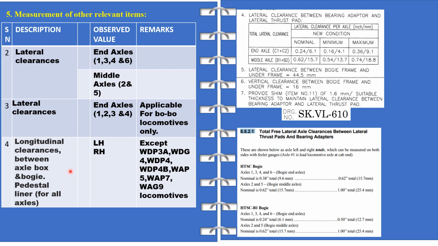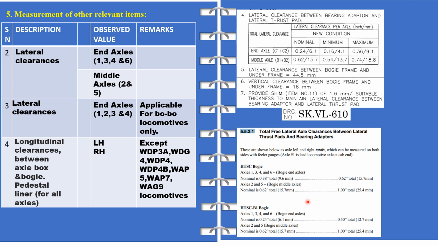Again, we have longitudinal clearances also. So this is except WDP3A, WDG4, WDP4, WDP4B, WAP5, WAP7 and WAG9 locomotives. And the total free lateral axle clearance between lateral thrust pad and bearing adapters, it's for end axle 15.7, and for middle axle it's 25.4.